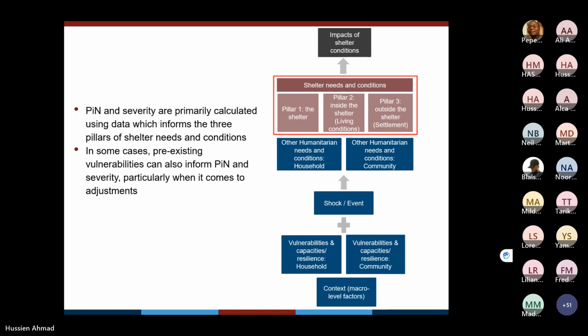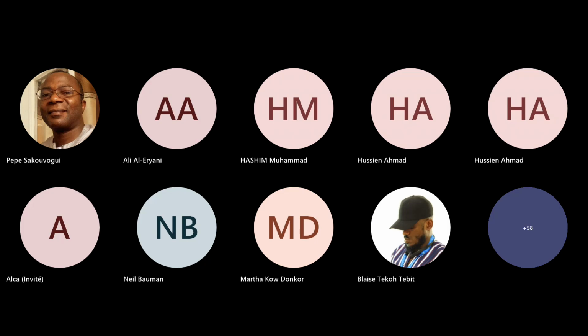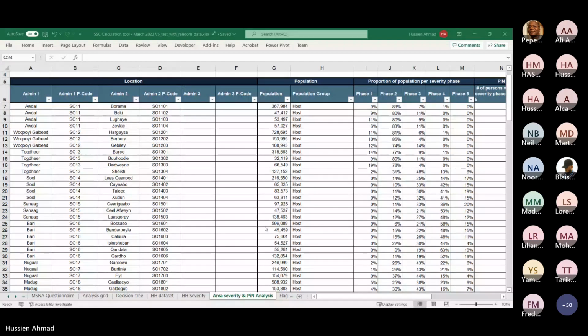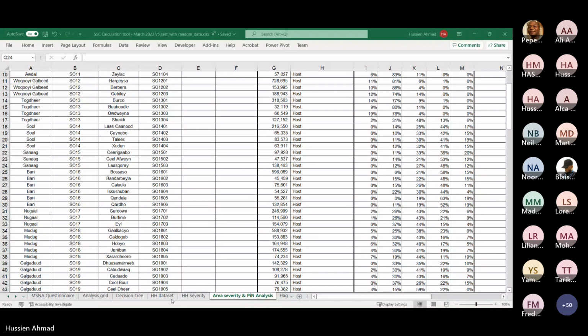On the second question, when you have 13,000 or 10,000 or maybe 100,000 households, you don't do a household by household analysis. You generate the formulas for one household. If you can go back, Camila, to the Excel, please. So we generate formulas only for one household, and the same if you go back to the household level severity.